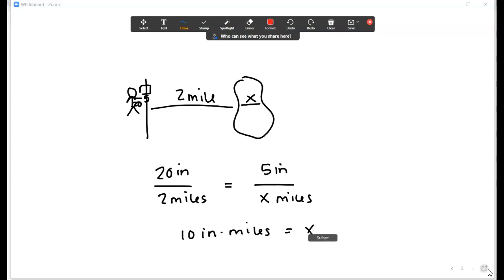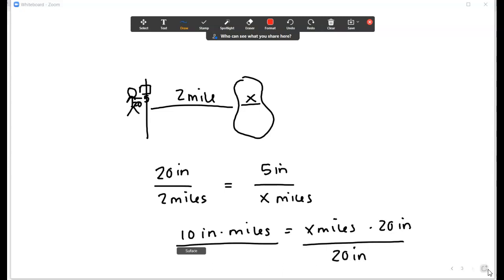And then it would be x miles times 20 inches. You divide both sides by 20. So you're left with x miles equals 1/2 miles. So x would equal 1/2. Good? Test is tomorrow. Have a wonderful day.